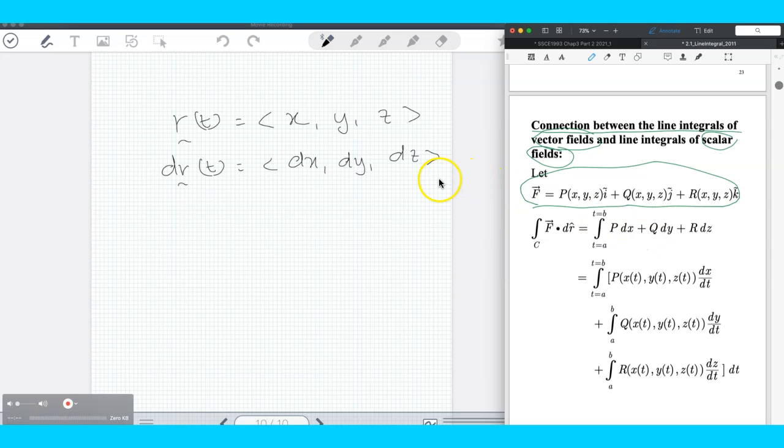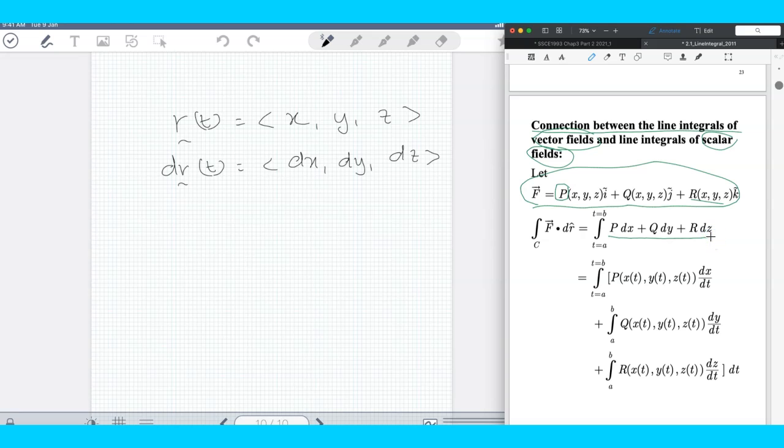Okay, so F dot dr is P dx for component x, right? You know for the dot product we have to multiply each component, right? P dx plus Q dy plus R dz. So you have this one, P dx, Q dy, R dz.